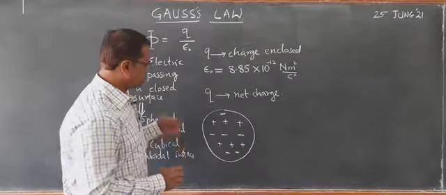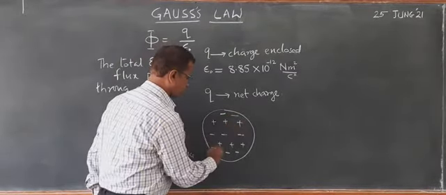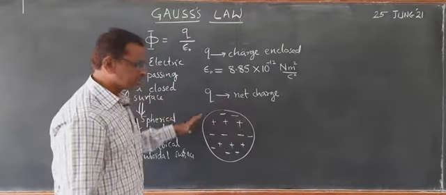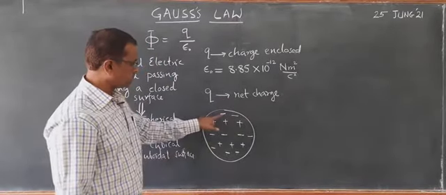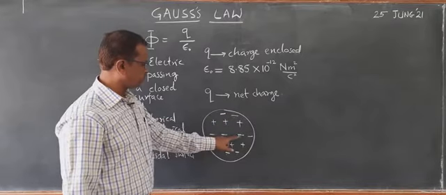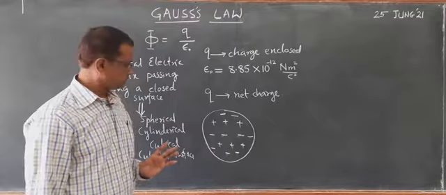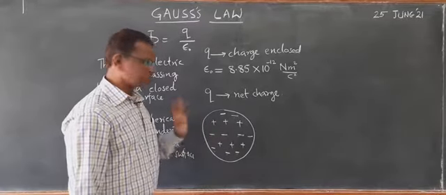Suppose the negative charges are more in number. If negative charges are more in number enclosed by this surface, now you can count 1, 2, 3, 4, 5, 6, 7, 8, 9. 9 negative charges are there and 6 positive charges are there.